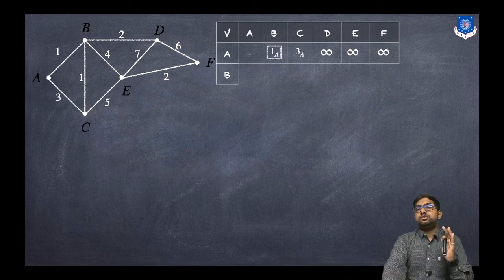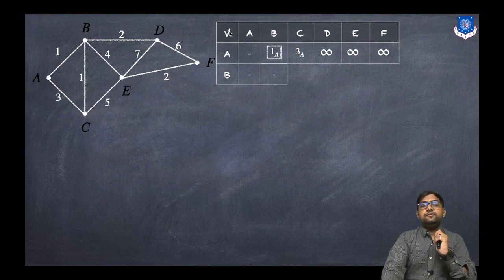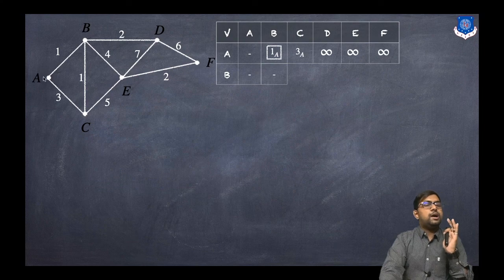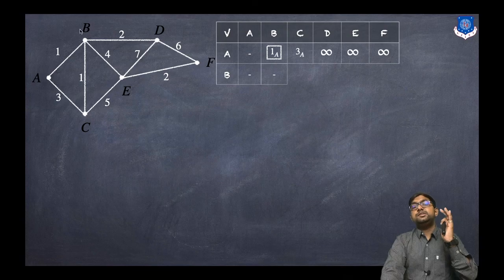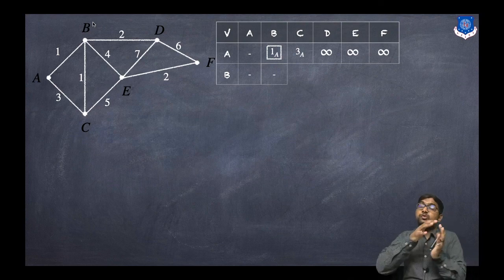The distance from A to A is done, and B to B is also done, so that is a dash. Now, we are trying to find the minimum path from A to F. A is done, and now we jump to B, so we will look for the shortest path from B to each and every vertex.